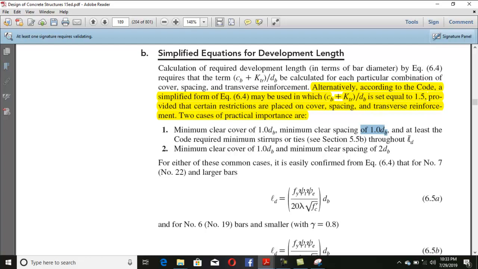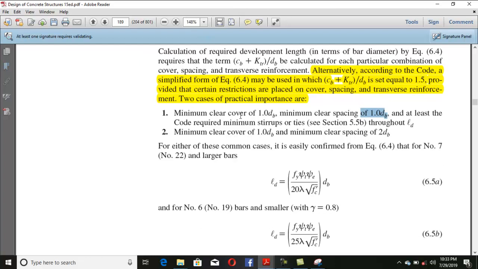These are the simplifications. The Ktr ratio, which is known as the transverse reinforcement index, is equated to 1.5, and the clear cover, I already mentioned, side cover as well as bottom cover, will be equal to minimum dB.